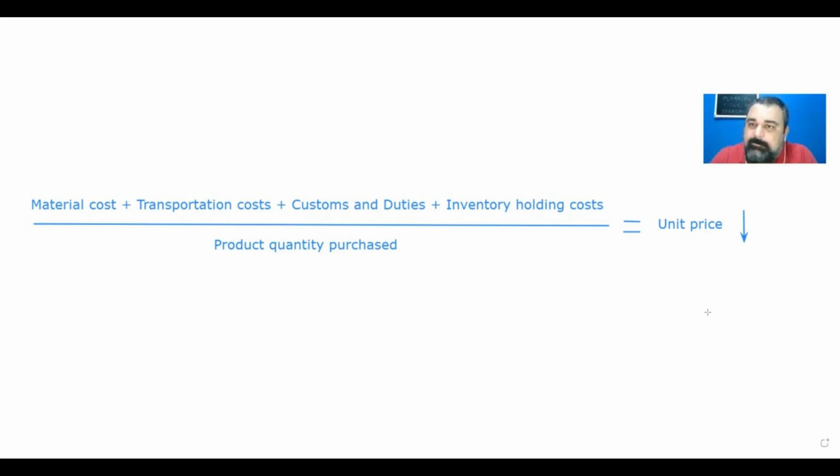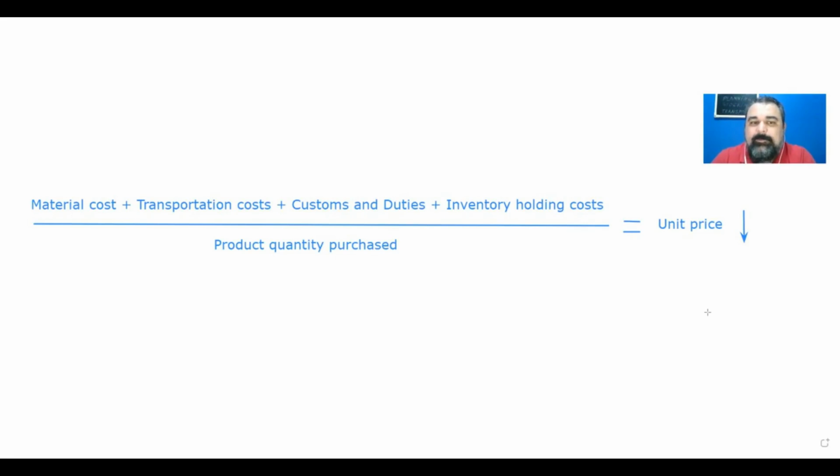Then probably your inventory holding costs are going to be low, and then this equation will probably show that for the best or the lowest possible unit price, you must purchase material in higher quantities, maybe full container loads, maybe a quantity of material that will get a lot size discount from your supplier.